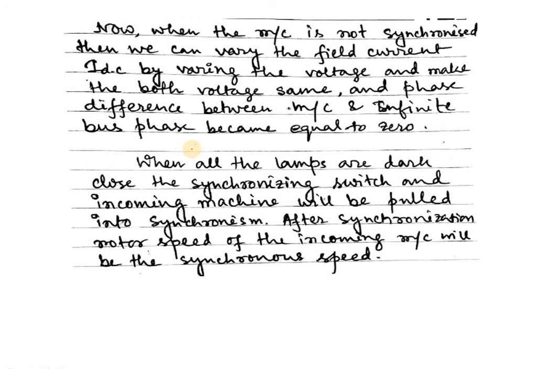At that condition, there will be no phase difference or voltage difference, so the bulb will be dark, and we will operate the synchronizing switch, and the machine will be directly connected with the infinite bus. So that is the main thing to understand, how we can connect the synchronous machine to the infinite bus. This is the simplest version to understand how we can synchronize the synchronous machine.